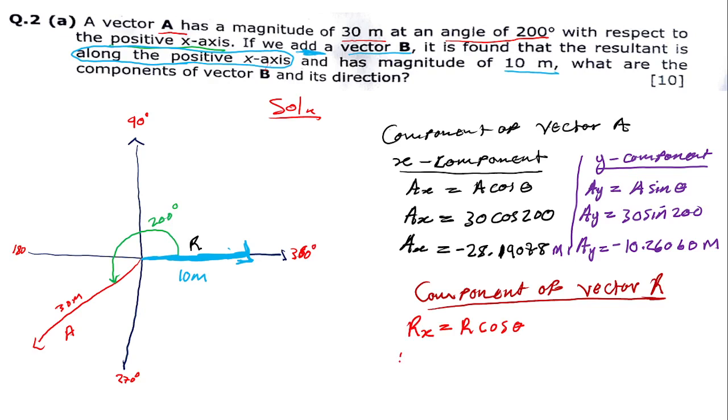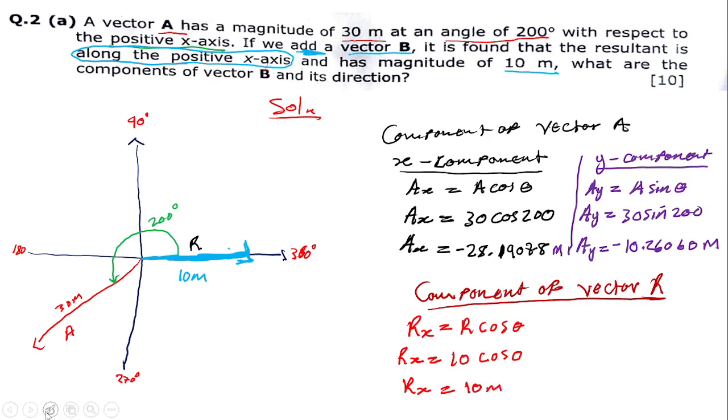Rx is simply equal to the magnitude 10 times cos 0, because it's along the x-axis. Cos 0 is 1, so Rx will simply be 10 meters.